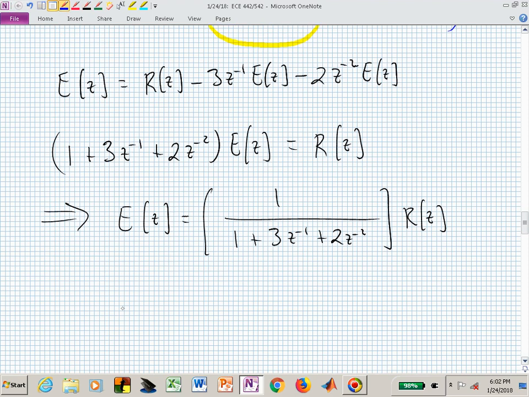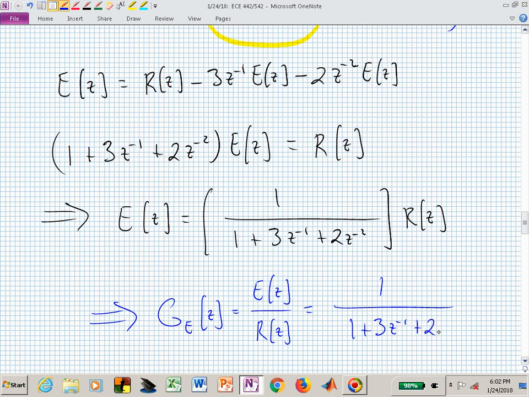Or if I wanted to call that transfer function, let's say g sub E of z, which is the ratio of this arbitrary output or signal E over R. Do you see if I divided both sides of that black equation by R of z, I would end up with my transfer function that I now am labeling g sub E of z. It's now 1 over 1 plus 3 z to the minus 1 plus 2 z to the minus 2.